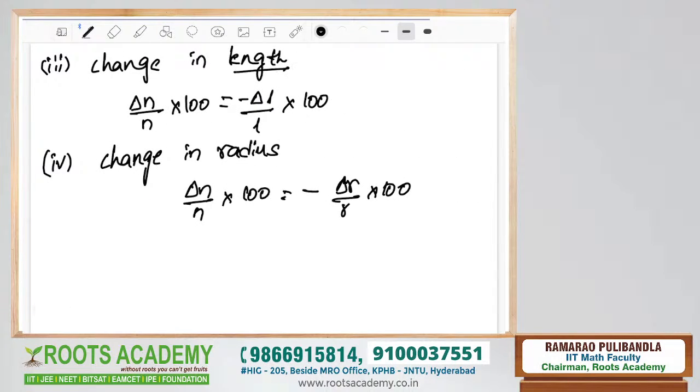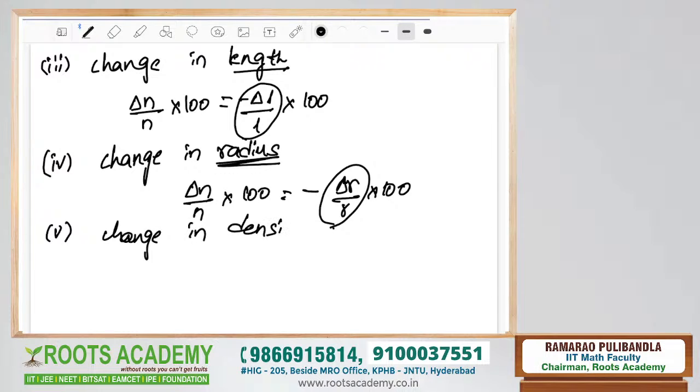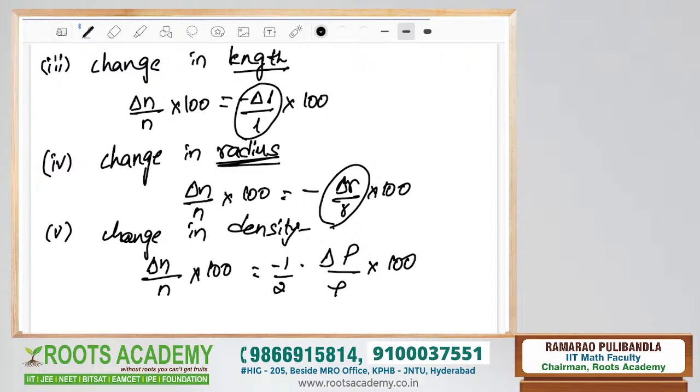If there is a change in length, the length change is considered, and if there is a change in radius, the radius change is considered. If there is a change in density, then the frequency change would be minus 1 by 2 into delta rho divided by rho into 100. So these are the cases.